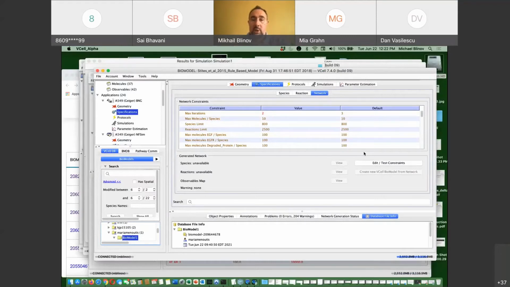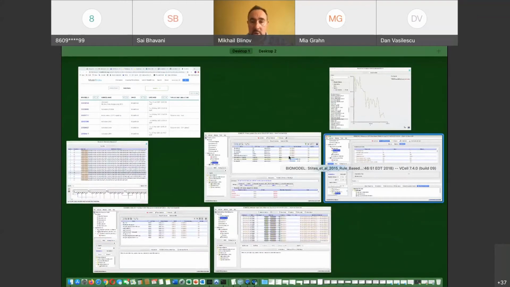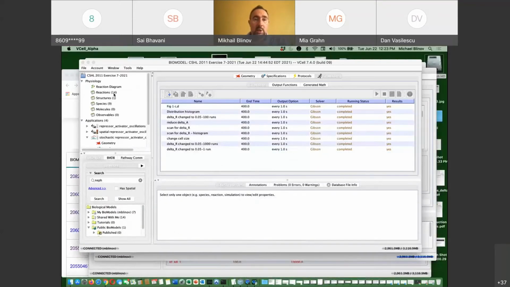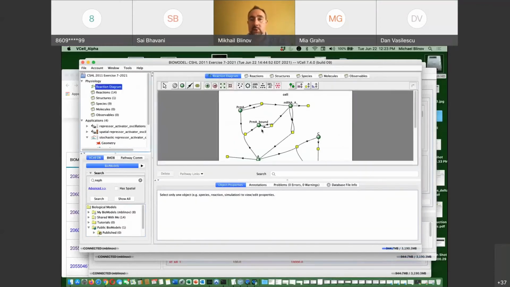So now, how can we do multiple runs in Virtual Cell? Let me switch to another model that runs faster. This model is a classical model, non-rule-based, not an NFsim model, and it's an oscillator.